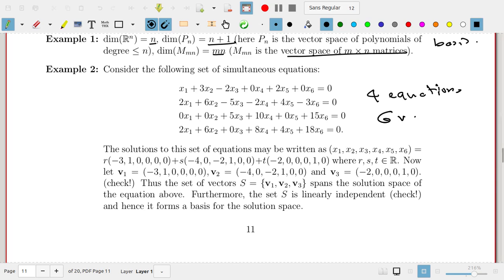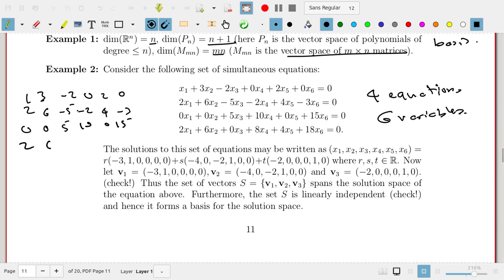Right, with 6 variables, right? So the solutions to these equations, if you take this matrix, 1 3 -2 0 2 0, 2 6 -5 -2 4 -3, 0 0 5 10 0 15, and of course 2 6 0 8 4 18, 0 0 0 0.